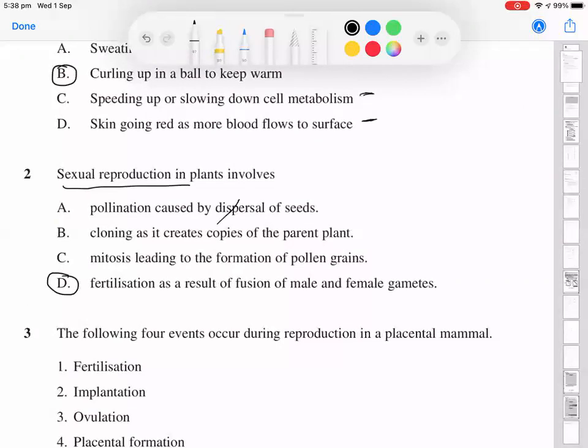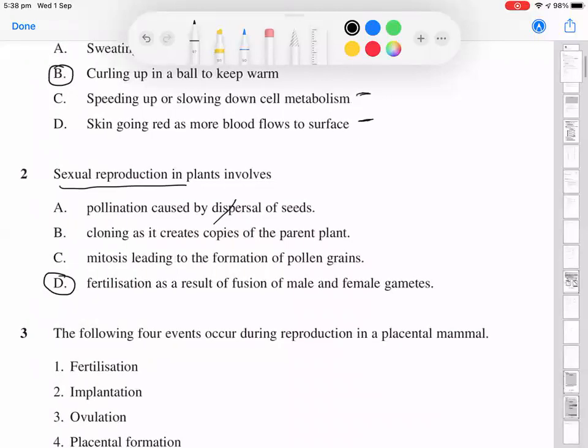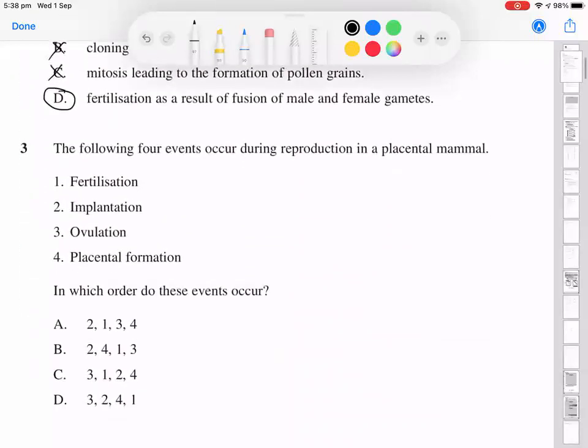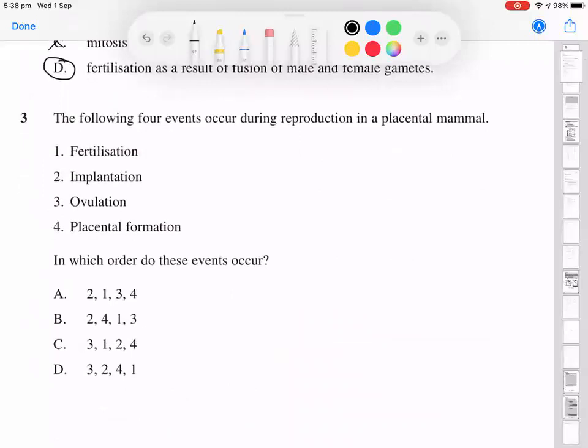Pollination occurs before the dispersal of seeds, because you need to have things pollinated in order to form those seeds. Cloning is going to be an example of asexual, and mitosis is going to be an example of asexual reproduction as well, because you'll have identical genetic information.